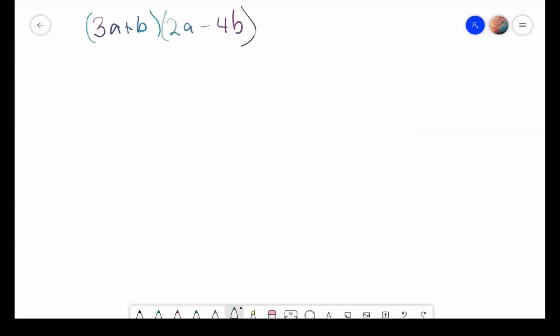Alright. So there are several different ways you could do this. I'm going to show you the way I was taught growing up. If you have a way that works better for you, that is perfectly okay. Alright, so I'm going to use the FOIL method. I'm going to do my first.